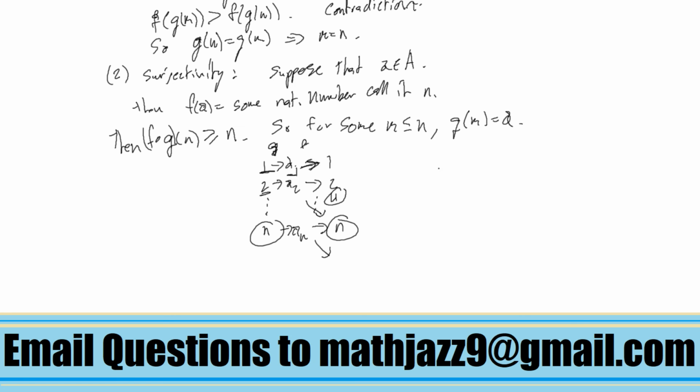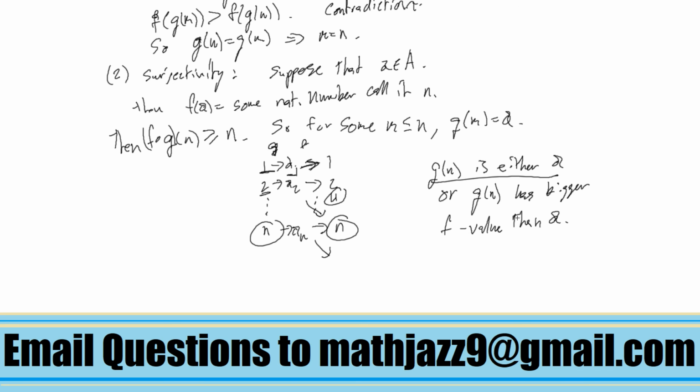So that means that g of n is either a, or g of n has a bigger f value than a. The first case means, hey, we hit a. The second case means that something before n makes g hit a, because a would have the smallest f value for something that is before g of n.